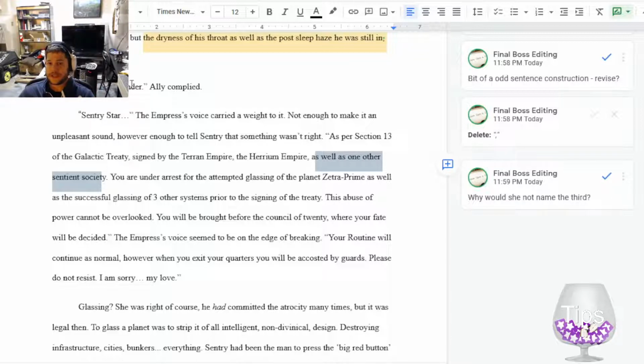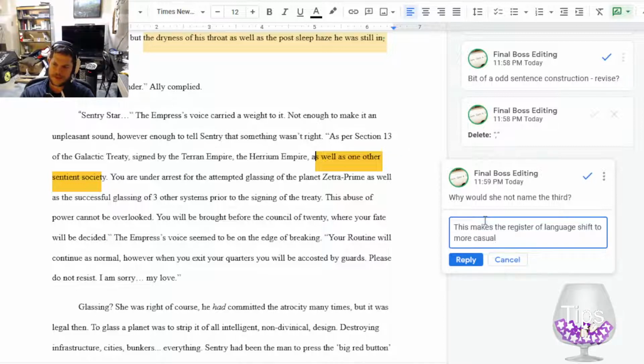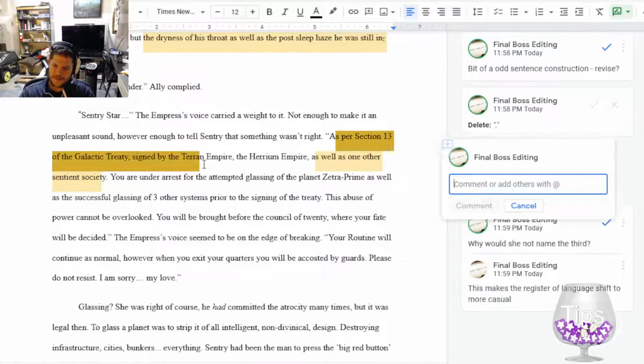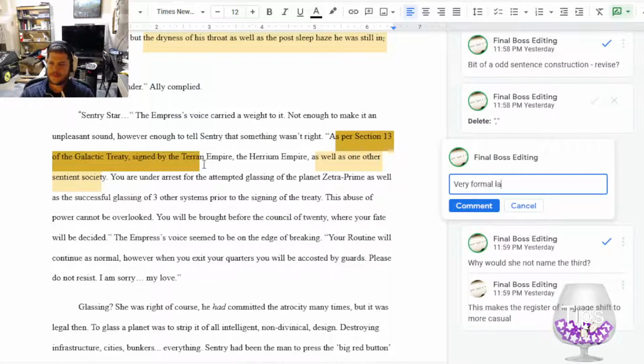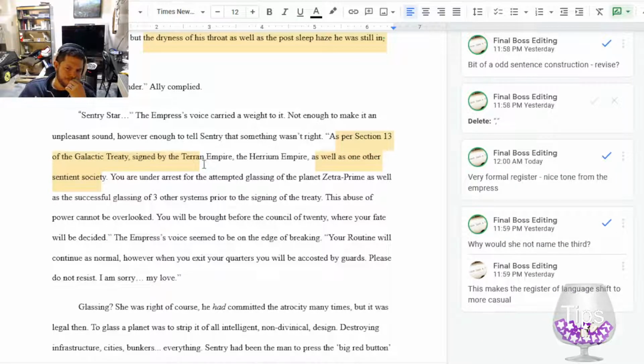So you do a good job starting with a very formal register of language. Like it's very formal. This is very formal. So yeah, so then now it feels like this person has committed genocide.